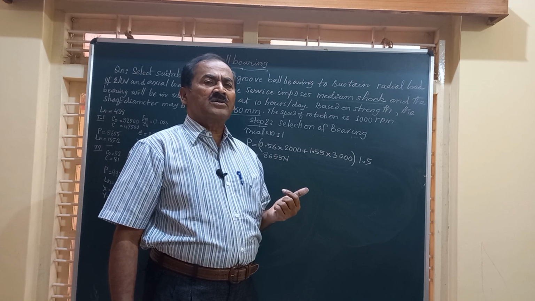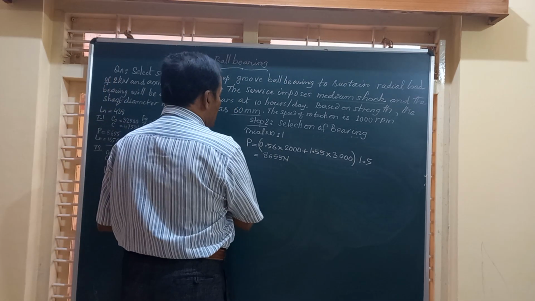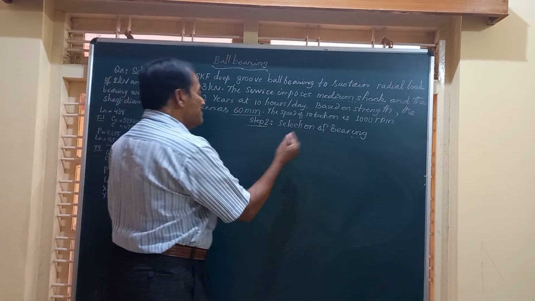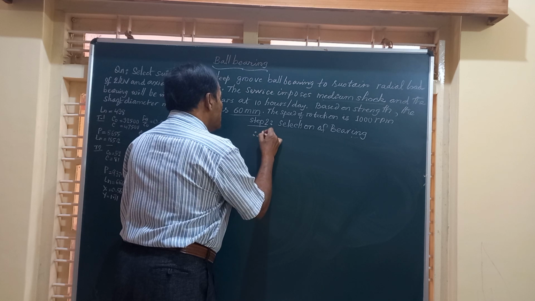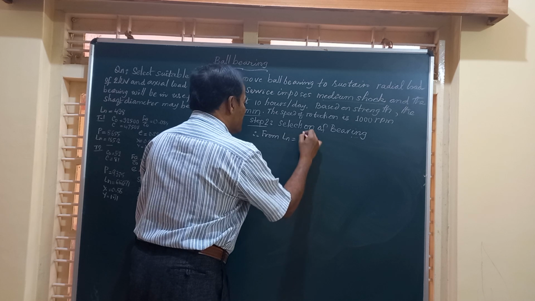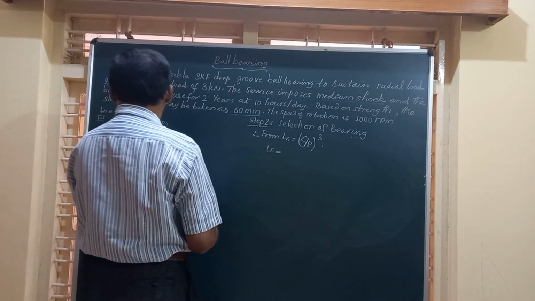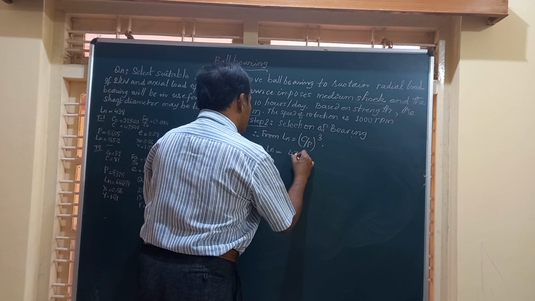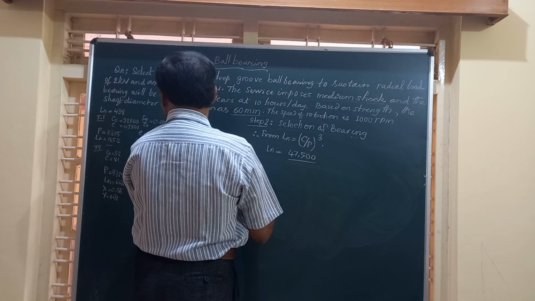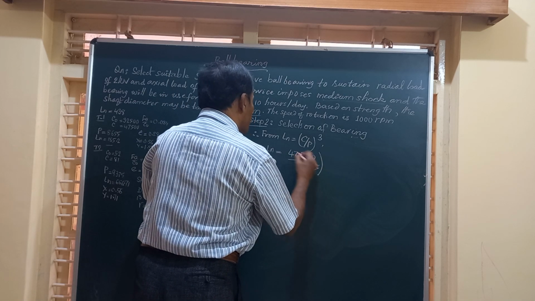So friends, we have the value of P, we have the value of C, the dynamic capacity of the bearing, and use the formula Ln is equal to C by P to the power of 3 and obtain what is the life of this bearing 60 BCO2. Therefore, from Ln equal to C by P to the power of 3, we have Ln equal to C value is 47,500 obtained from the table, divided by P value is 8675, that is raised to the power of 3.